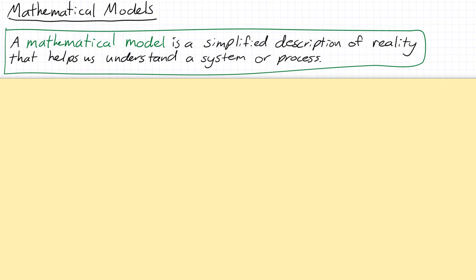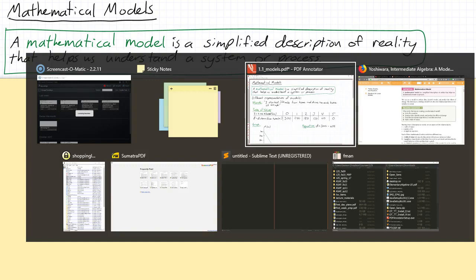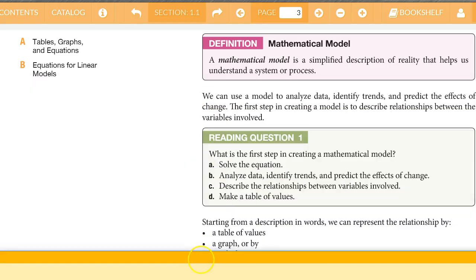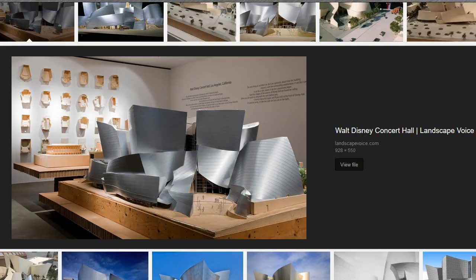So it's a model in the sense of a model train, a simple version of a real thing, as opposed to a fashion model or something like that. So for example, if you're going to build a building and you want to show everybody what it's going to be like and help people understand what this building is like, you'd make an architectural model like this.